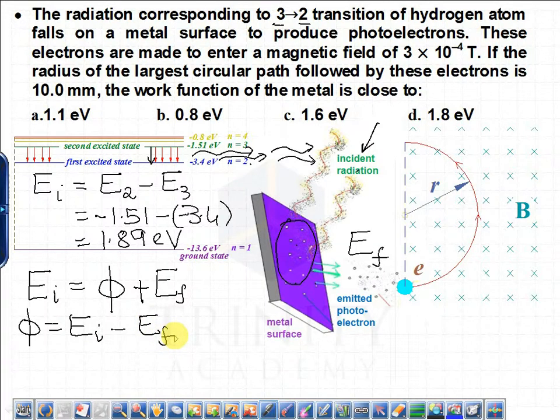Now this energy of photoelectron, obviously it is in form of kinetic energy. It enters into the magnetic field and it will trace a circular path. As it traces a circular path of some radius, we know this expression for the kinetic energy of the electron, KF, can be written as e²r²B² by 2m, where e is charge of electron, r is the radius of circular path, B is the magnitude of the magnetic field in which it is moving, and m is mass of electron.